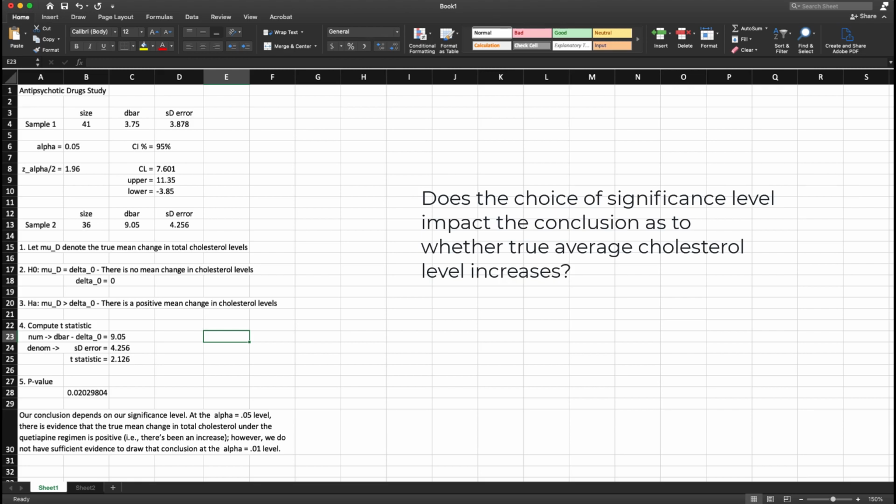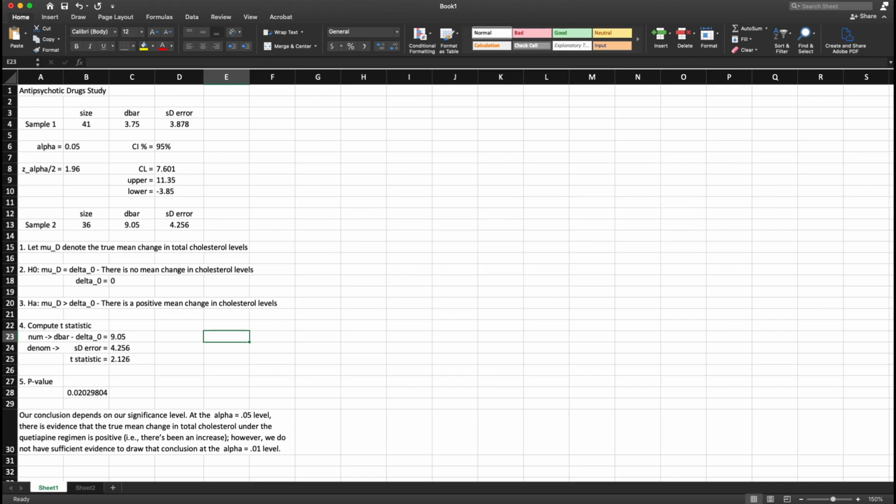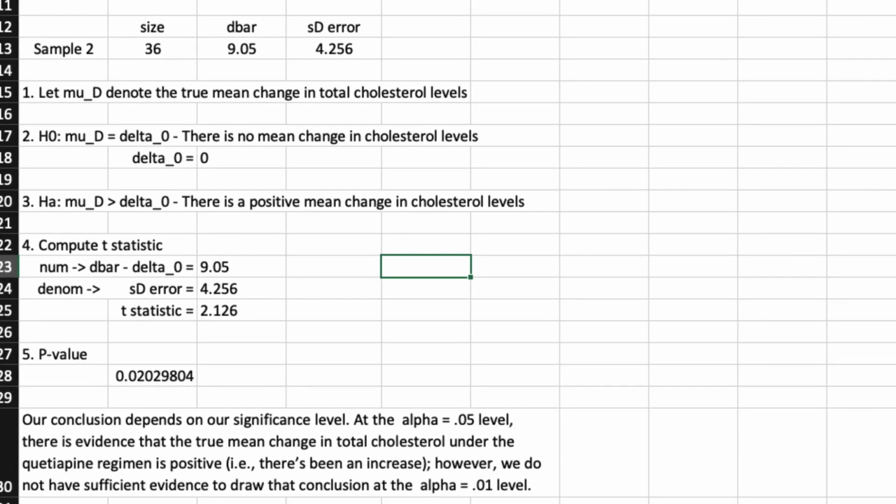In this case, we know that that is cluing us into doing a hypothesis test. That right there is telling us that we need to do a hypothesis test. So let's take a look. The first thing I'm going to do is define the parameter, the same way, step by step.